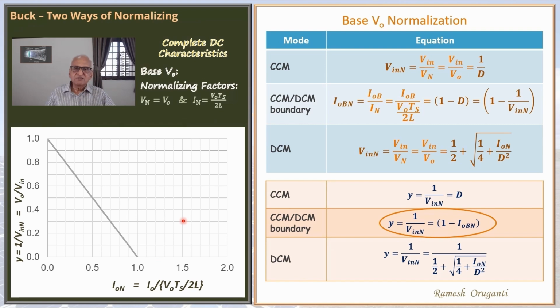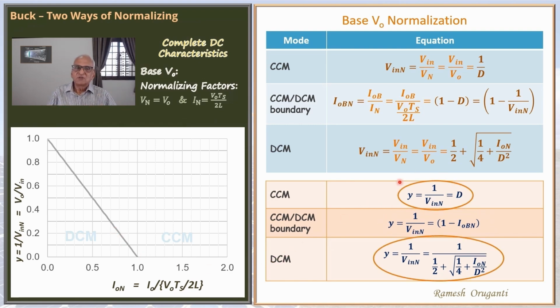On the right hand side, I0N is greater than the I0BN. There the operation is in CCM. On the left hand side, I0N is less than the boundary current. There the operation is in DCM. We will plot here the CCM characteristics and the DCM characteristics together at one go.